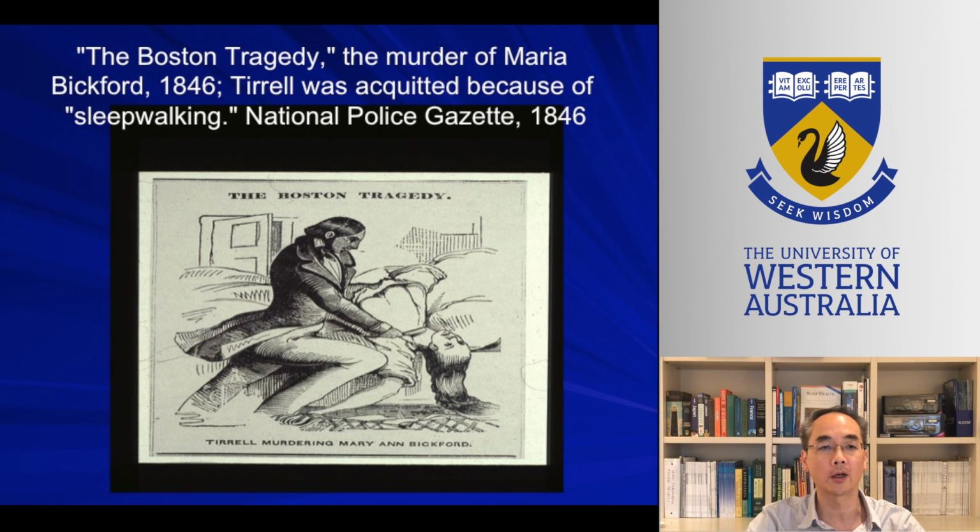Choate emphasised to the jury that the evidence was therefore all circumstantial, as no one had actually seen Tyrrell kill Bickford. Moreover, Tyrrell had no motive to kill Bickford. Choate, who had been playing chess with his friend, who just happened to be reading The Somnambulist, explained that Tyrrell, who was a habitual sleepwalker, could have murdered Bickford under the influence of a nightmare or somnambulistic trance, and therefore could not be held responsible.